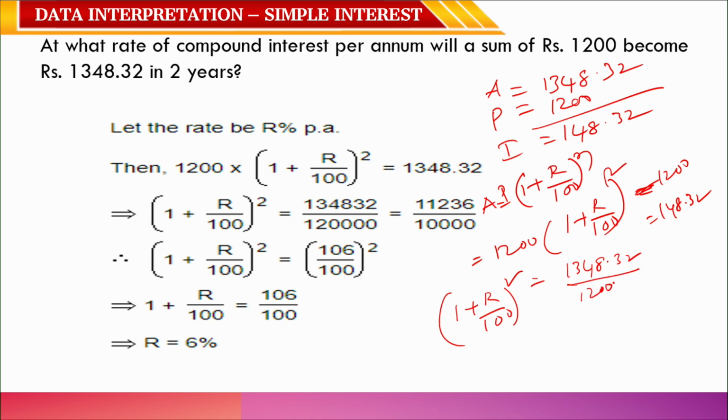So you multiply with 100, then it becomes 1348.32 by 12, which means 1,20,000, correct.